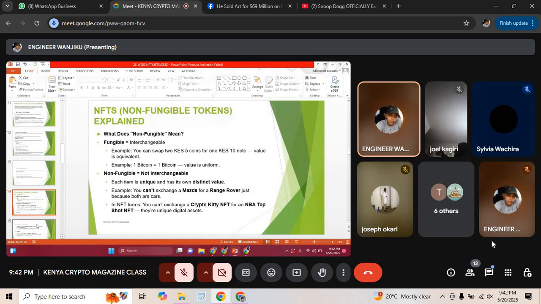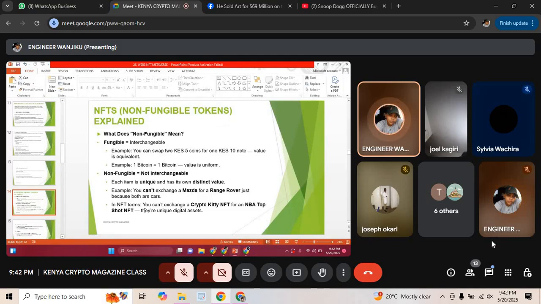They are not interchangeable, non-fungible. So in short, NFT means you cannot exchange a CryptoKitty NFT for an NBA Top Shot NFT because they are 2 different things. An NBA Top Shot NFT, for example, for LeBron James, let's assume has an image of LeBron James.